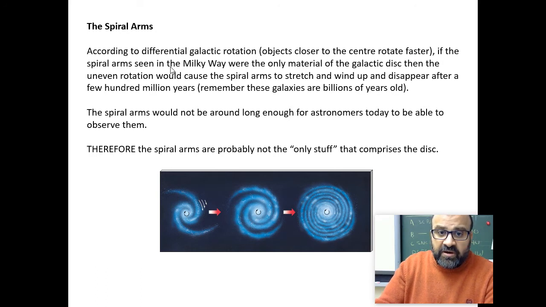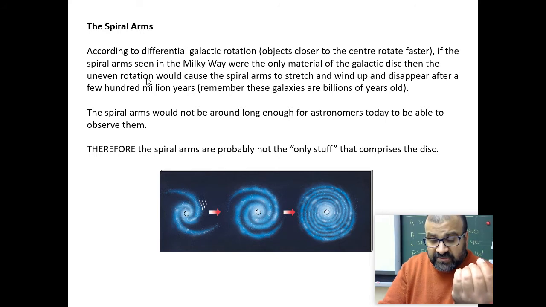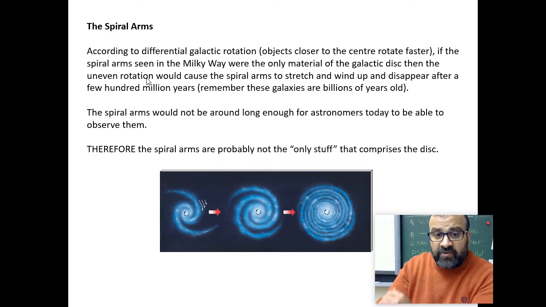If the spiral arms seen in the Milky Way were the only material of the galactic disk, then because of the uneven rotation, stars in the part of the arm closer to the center would move differently from the part of the arm far away.